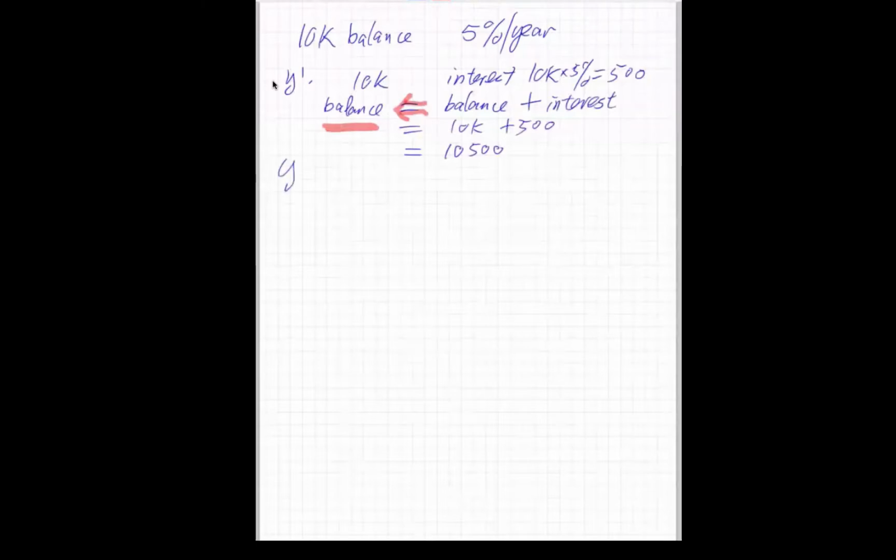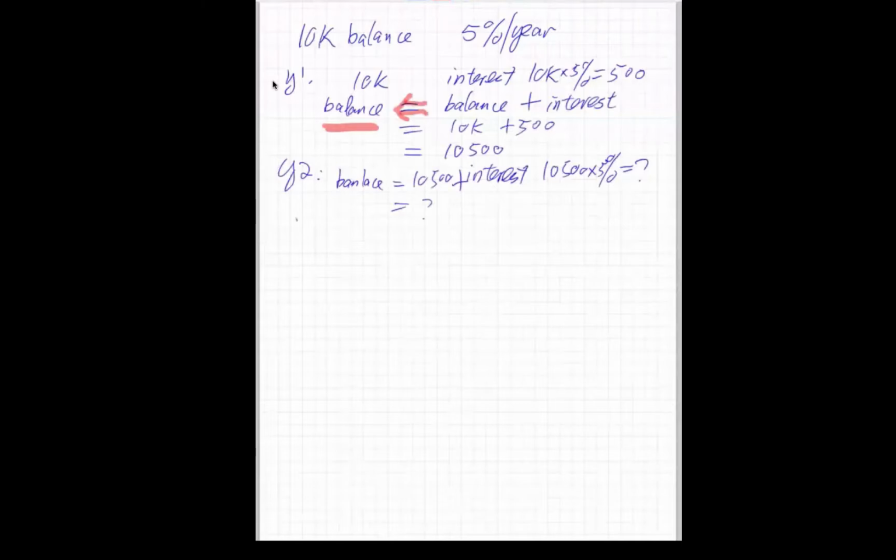In year two, my balance now is 10,500. So the interest in year two will be 10,500 times 5%, that gives some number. And then my balance in year two will be 10,500 plus that interest, and I'm going to let the computer calculate that.